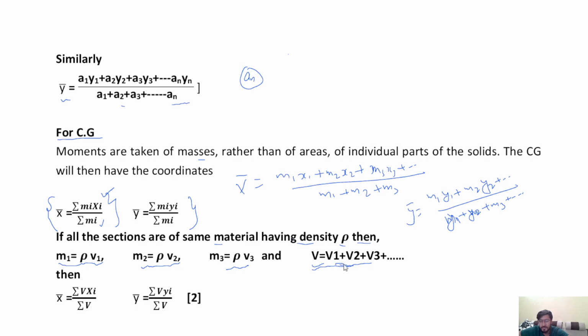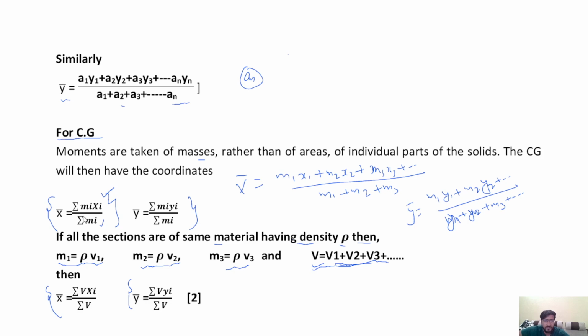So v is equal to v1 plus v2 plus v3 plus dot dot dot. And from this, x bar is equal to summation of v xi divided by summation of v, and y bar is equal to summation of v yi divided by summation of v.